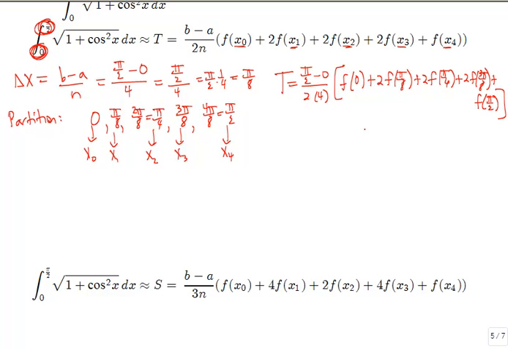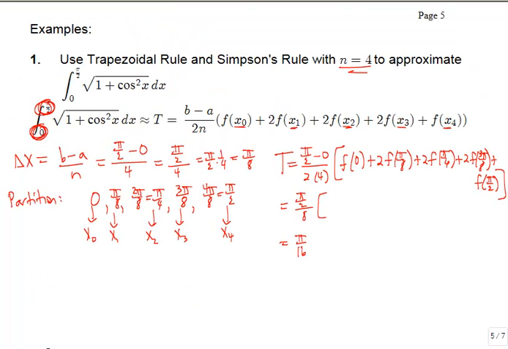So that's our trapezoidal rule, and when I simplify this stuff out front, pi over 2 divided by 8 becomes pi over 16.